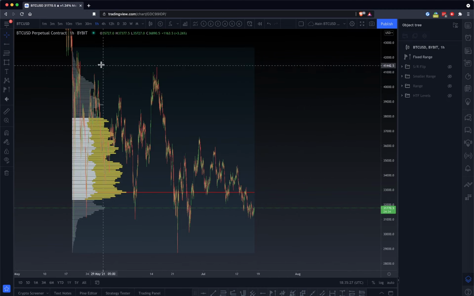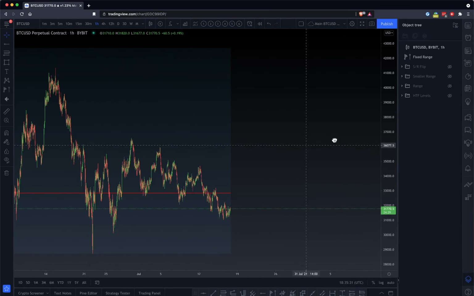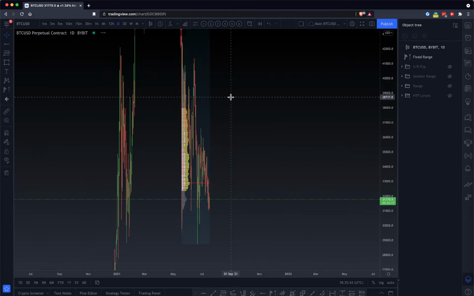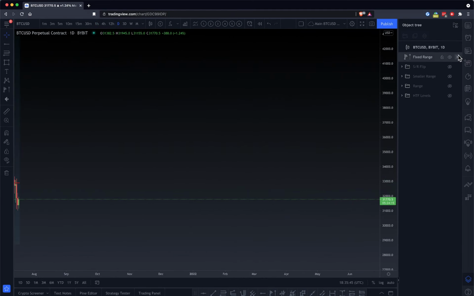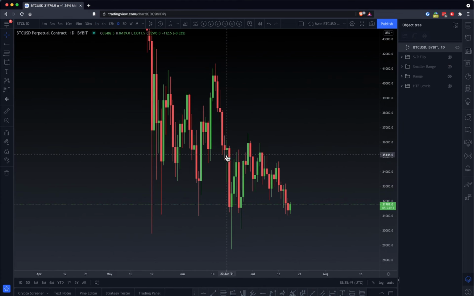Let's do it for the smaller range. I might be able to use EXO, I think. So let's see if daily came into this one. So June 19.